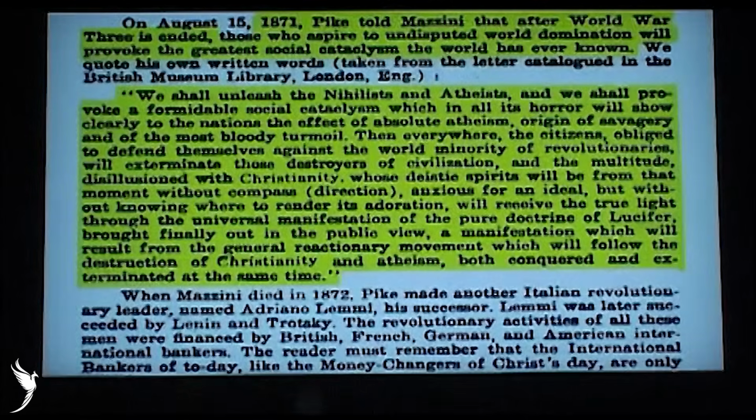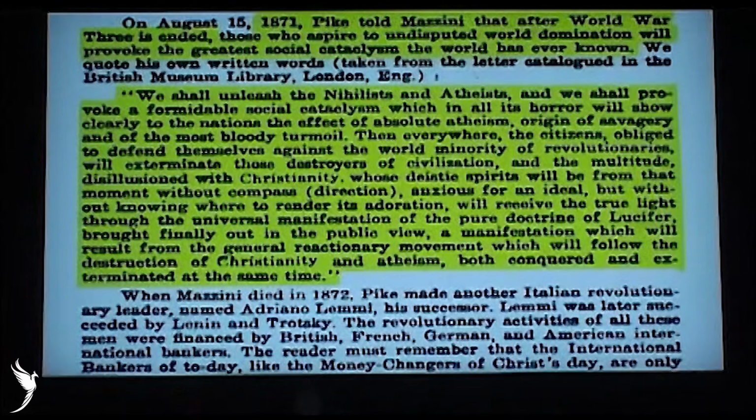Then everywhere the citizens obliged to defend themselves against the world minority of revolutionaries will exterminate those destroyers of civilization, and then the multitude of the world, disillusioned with Christianity, but whose deistic spirits will be from that moment without compass or direction, but anxious for an ideal, but without knowing where to render its adoration, will receive the true light through the universal manifestation of the pure doctrine of Lucifer, brought finally out into public view, a manifestation which will result in the general reactionary movement, which will follow the destruction of Christianity and atheism, both conquered and exterminated at the same time.